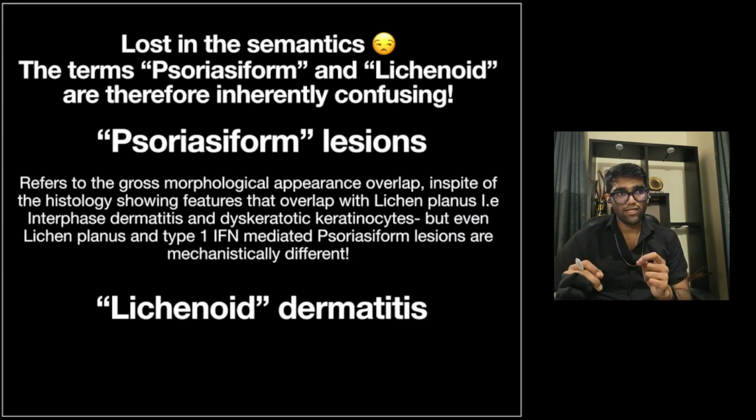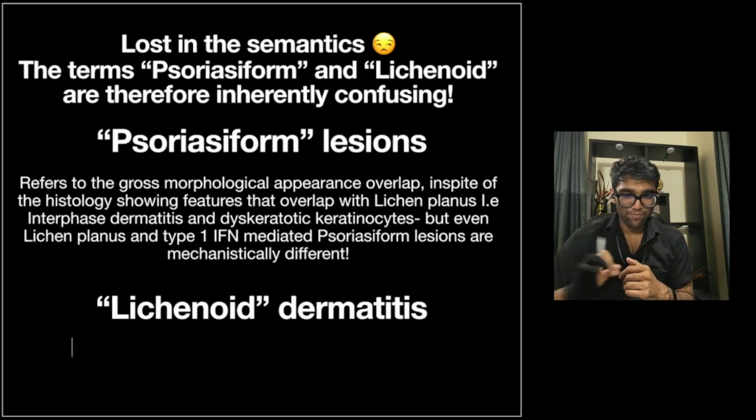The exact molecular mechanisms for that we'll come to in detail when we discuss interface dermatitis, but in psoriasis there is actually cellular hyperplasia, and that is preventing adequate differentiation from occurring. So mechanistically the two lesions are different, so I wouldn't have called these lesions psoriasiform. It results in confusion.